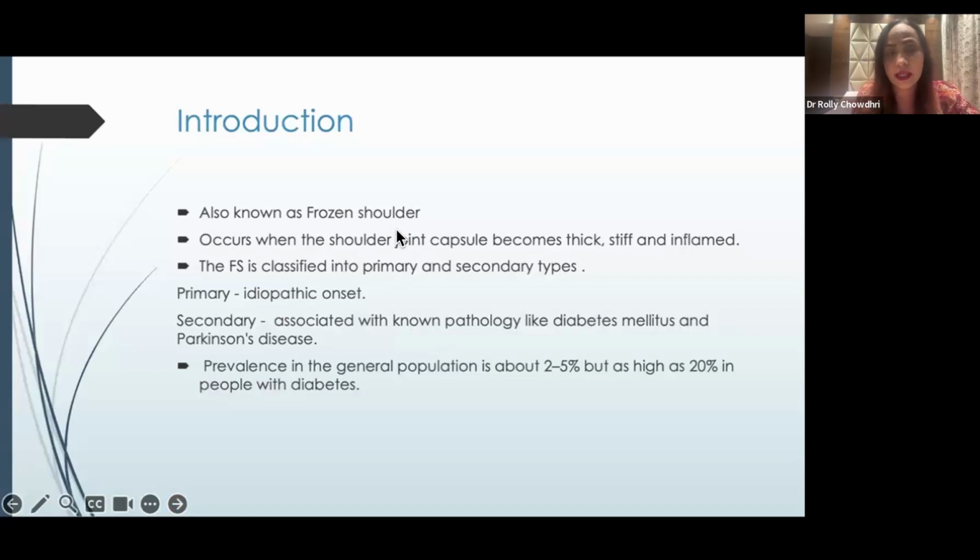Itis means inflammation. It occurs when the shoulder joint capsule becomes inflamed, thick, and stiff. This is the term we normally use nowadays, and in layman language we use frozen shoulder. So they are synonyms of each other. Frozen shoulder means the shoulder got frozen because it gets stiff and there is restricted movement.